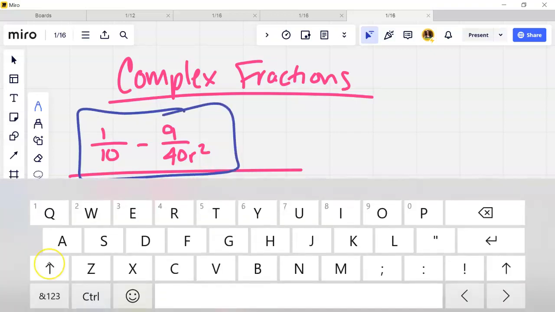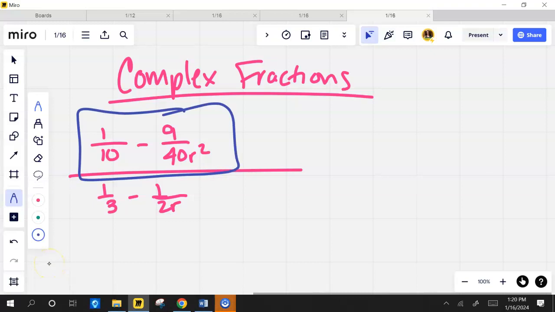I'm going to work the top first, and I'm going to work it as its own problem, same way I've been doing. I need an LCD.